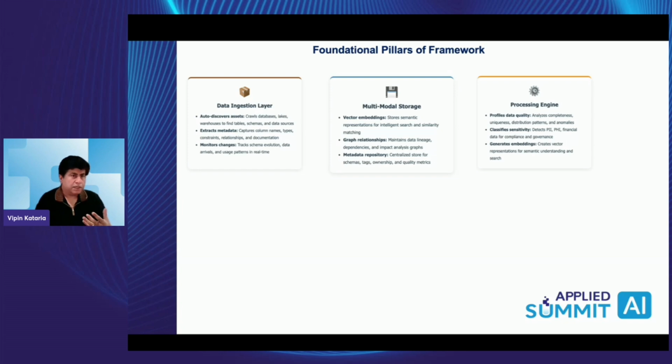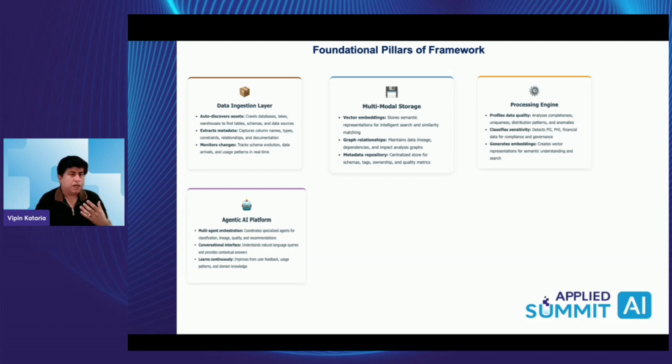Now, once you process the data, basically comes the agentic AI platform, which is the heart of the whole framework. At a high level, what it does is it can orchestrate a particular workflow. Take an example of maybe data lineage, right?